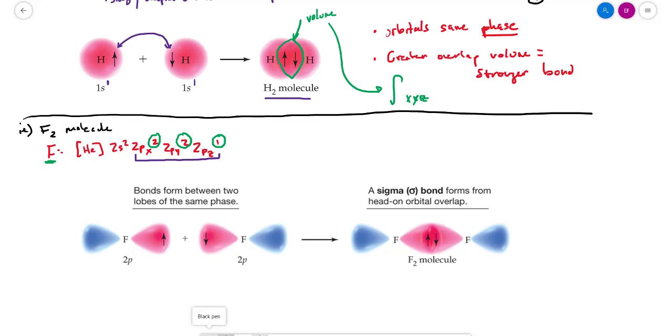They don't have space to overlap with anything. So the only thing that we can overlap is the 2pz orbital, and that's exactly what we see when we form that single covalent bond between fluorine atoms. We have the singly occupied 2pz here and the 2pz here, and those two come together to overlap with this volume and form that covalent bond.